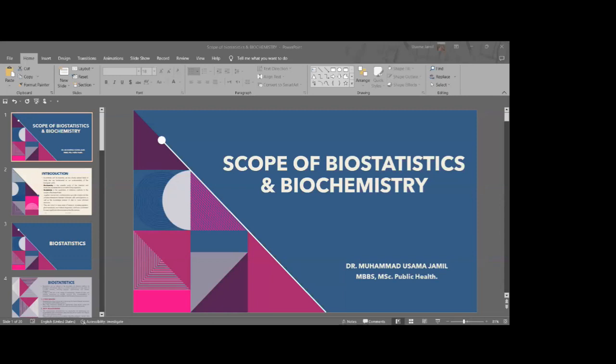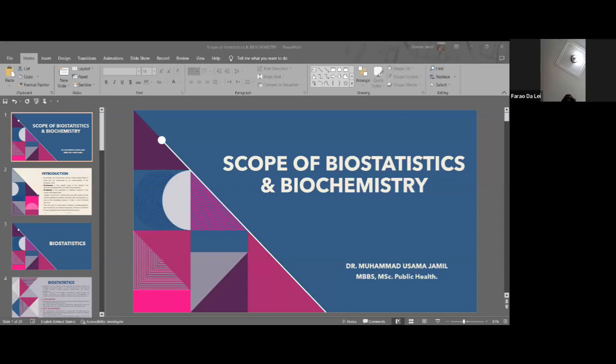Then this part, right after the trial starts, comes into biostats. We choose a control group. We choose different types of people with different ages and genders. We introduce the drug to them, then we check their results, we record their data, we manage their data, and we analyze it with different tests in biostats.